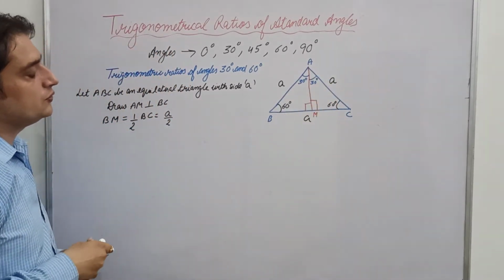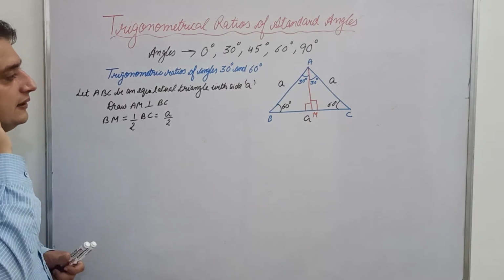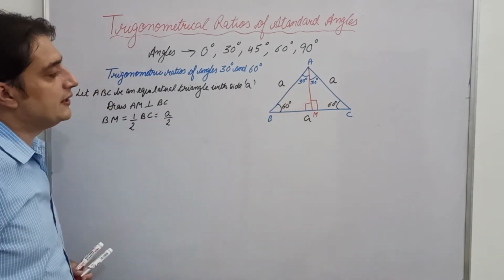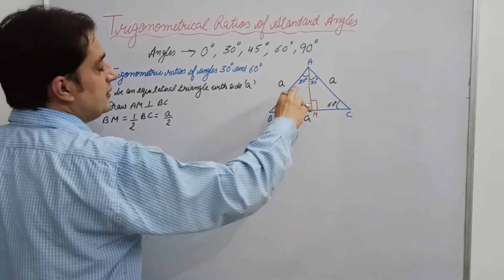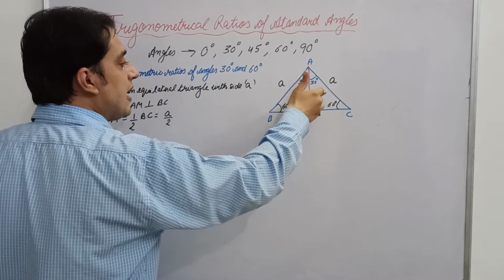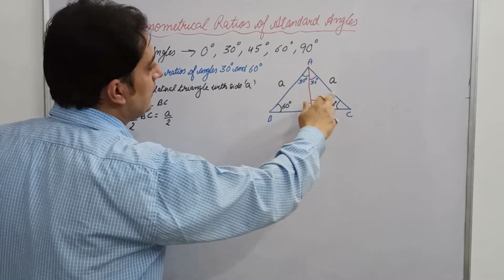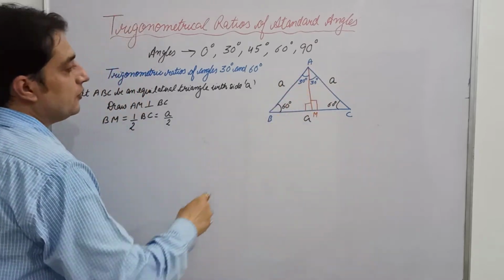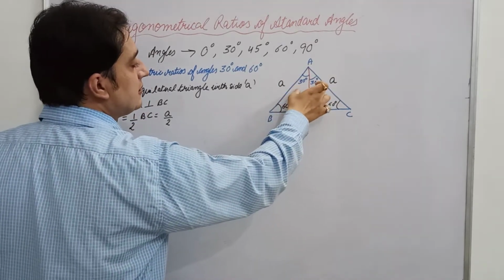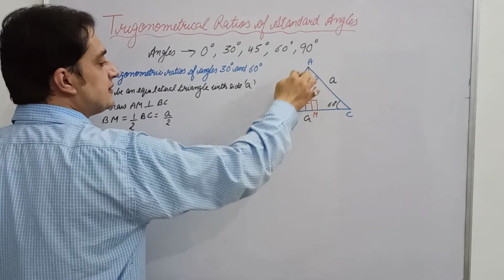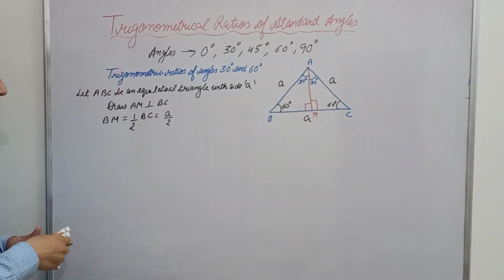These are the angles whose value is 30 degree. AM is the perpendicular bisector of BC, and it is also the angular bisector of angle A, because these two angles are equal. The complete angle is 60 degree, the angle of an equilateral triangle.